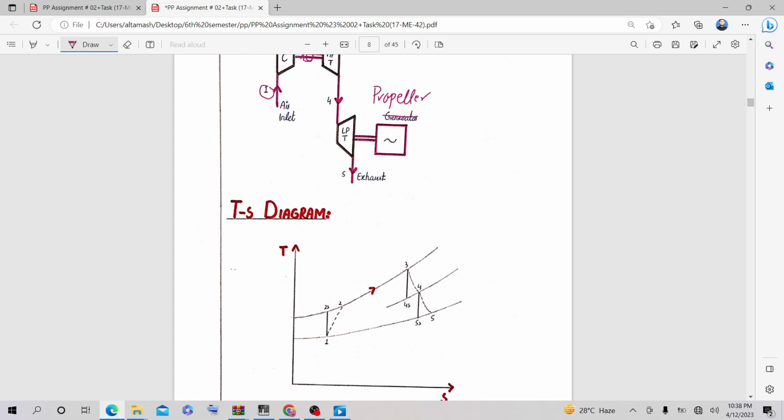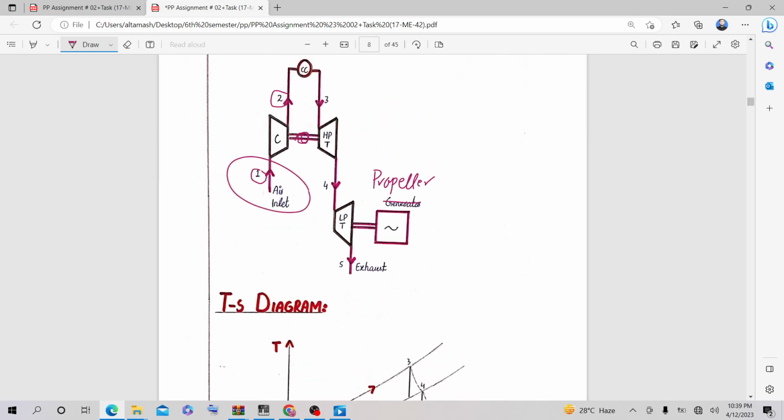Through a suitable gearing, the overall pressure ratio is given, and the conditions are 1.01 bar and 25 degrees centigrade at the inlet. Maximum temperature, I mean the temperature after the combustion chamber. This is our point 1 where the temperature is 25 degrees centigrade and the pressure is 1.01 bar.